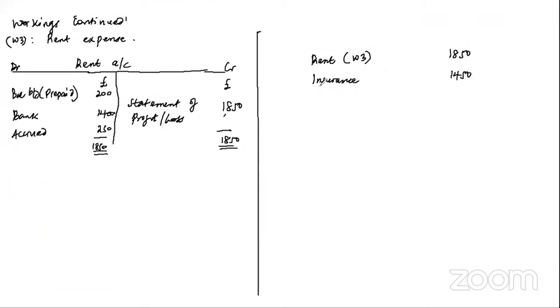Then what else do we have? We have the loan interest. It is still owing, I think. Not yet paid loan interest. That is 400. Loan interest, is it 400?